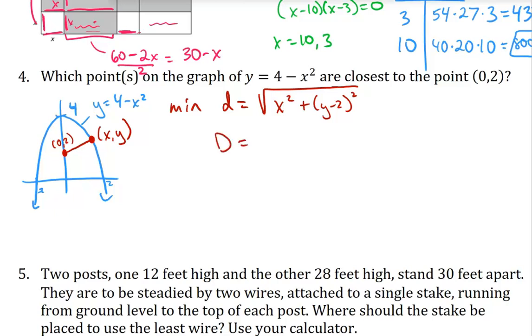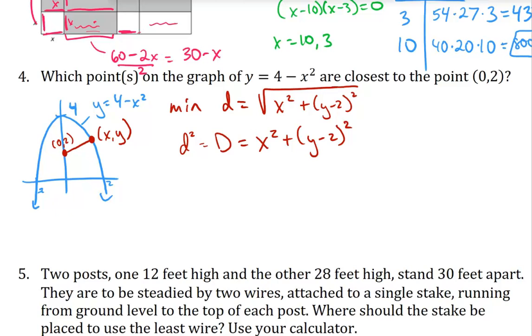I can, instead of using lowercase d, which is distance, say that d is equal to lowercase d squared, and call this x squared plus y minus 2 squared, because I still need substitution to get everything in terms of x, but I don't need to take the derivative with the chain rule with the everything to the 1/2, which is going to be quite a bit messier, and instead I can find the point that minimizes the square of the distance, and then if I need to know what the actual distance is, I'll just make sure to take the square root of that.